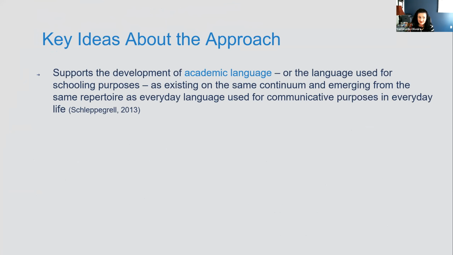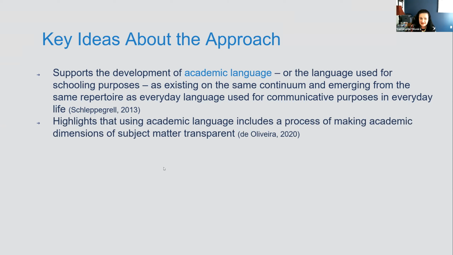Other key ideas. This approach supports the development of academic language, or the language used for schooling purposes, as existing on the same continuum and emerging from the same repertoire as everyday language used for communicative purposes in everyday life.